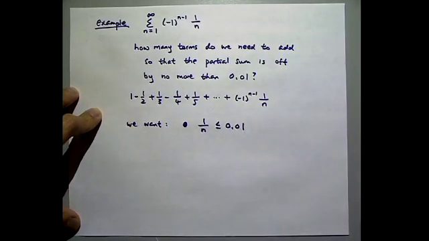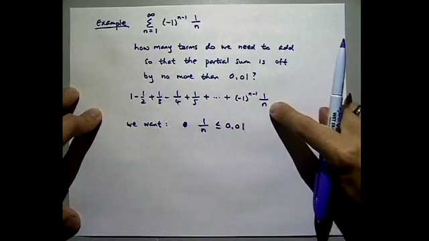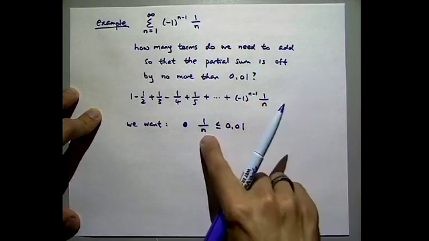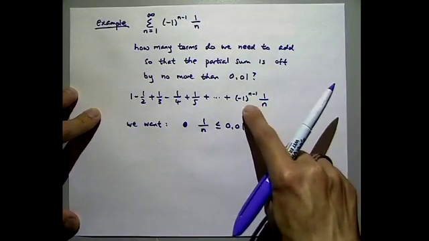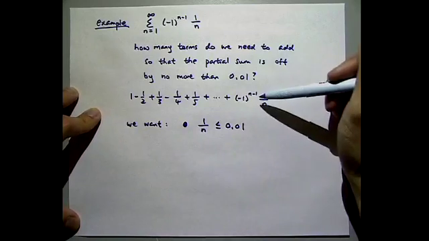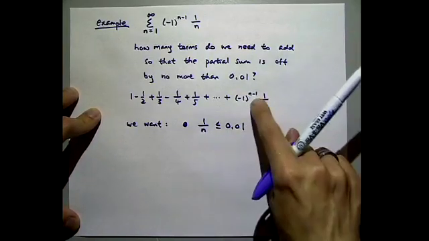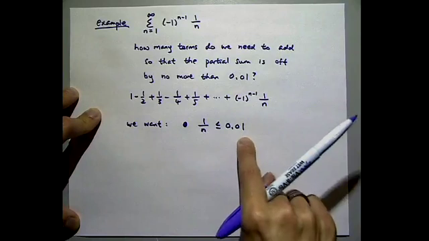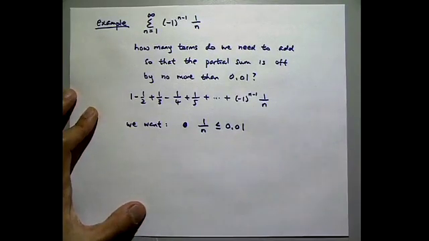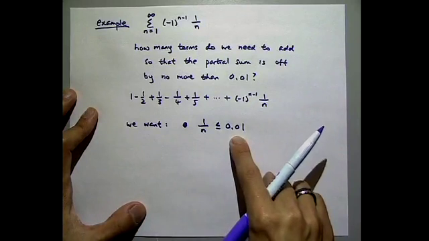The first one that I ignore in general is 1 over n with an alternating sign. So we're just tracking the magnitude. The minus 1 to the n minus 1 part doesn't change the magnitude. It changes the sign, so we ignore that. Right? So let's see. If this is the case, then what do we have? Divided by 0.01.